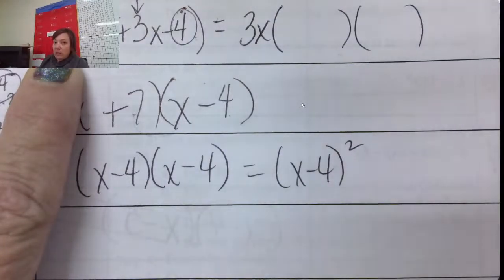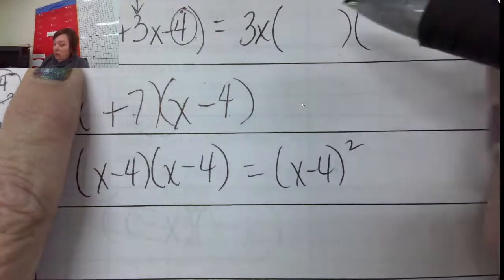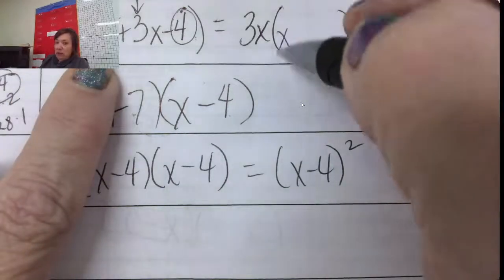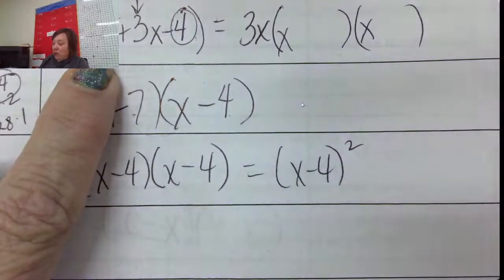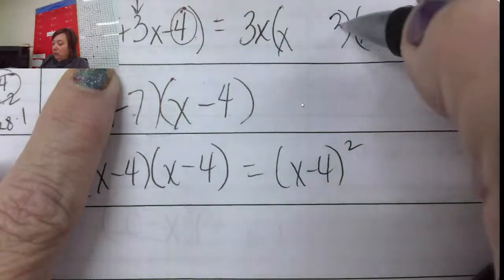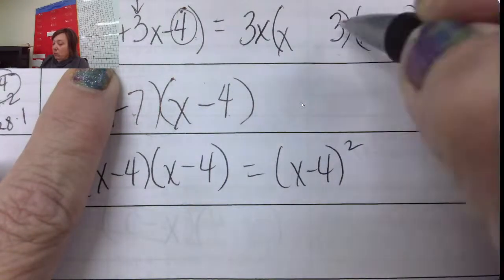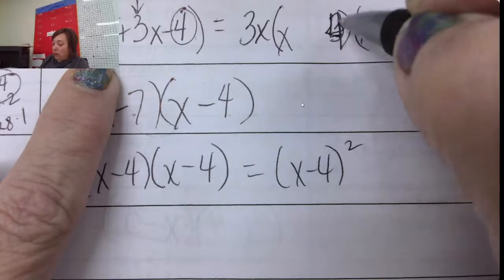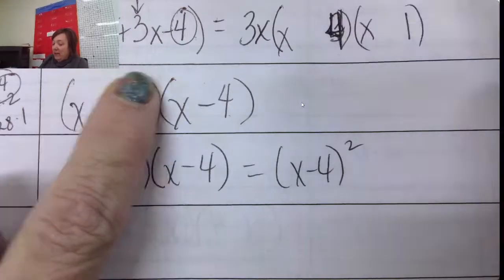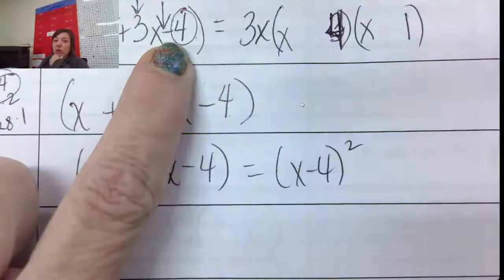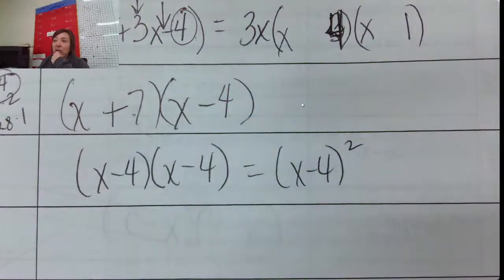All right. So let's see if this works out. It may not work. So we know we're going to have that x and that x, right? And it could be 4 and 1, right? Now, this sign tells me when I multiply 4 and 1, I get a negative. What does that mean about 4 and 1?